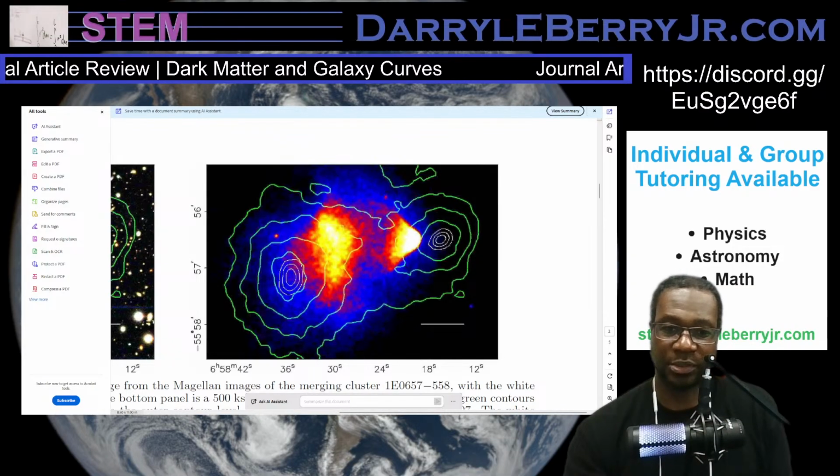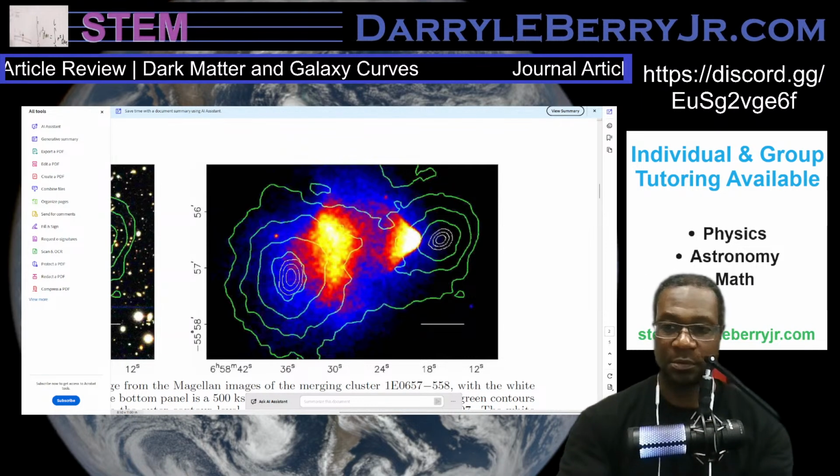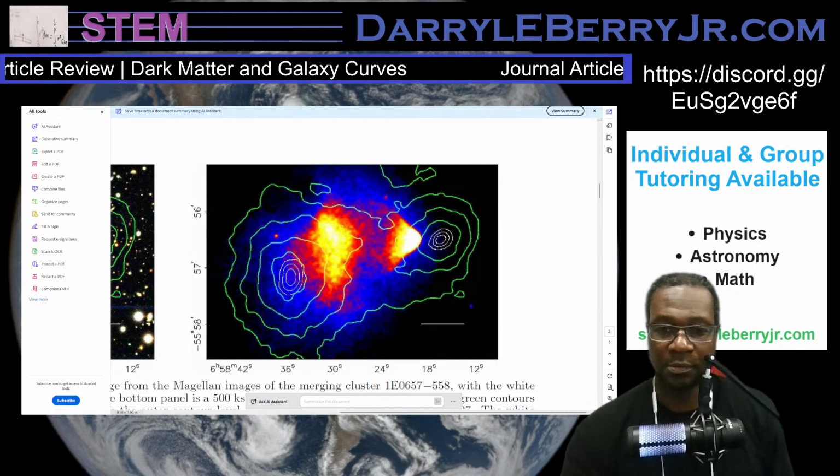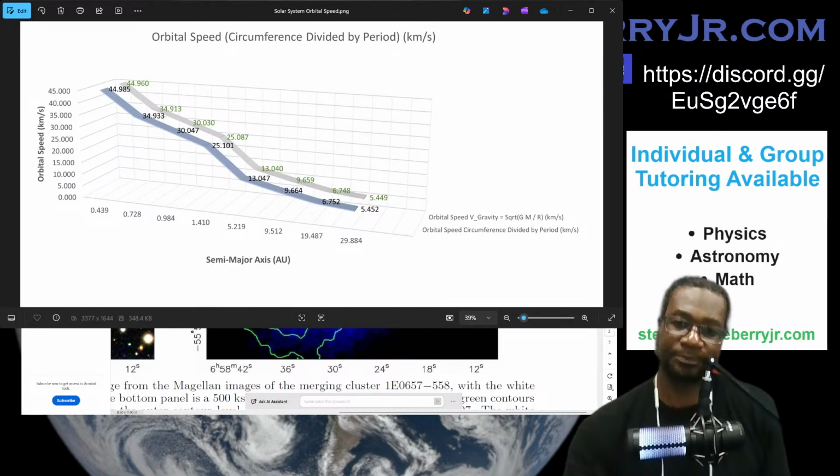Rotation curve of the solar system. So, boom. All right.